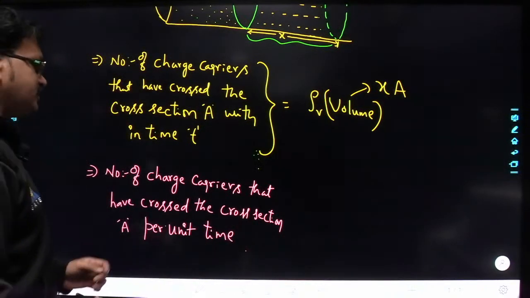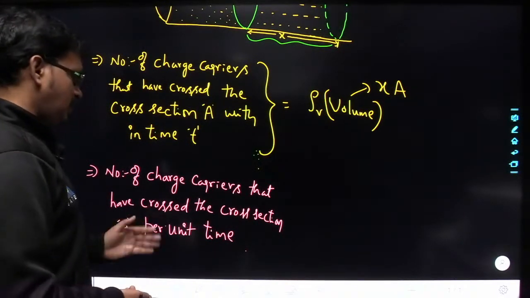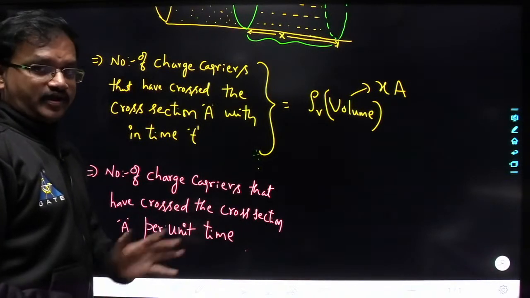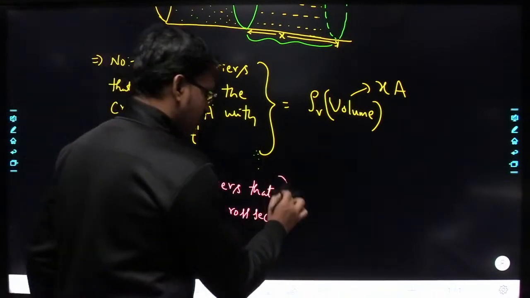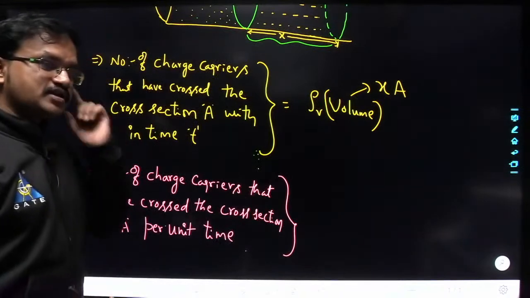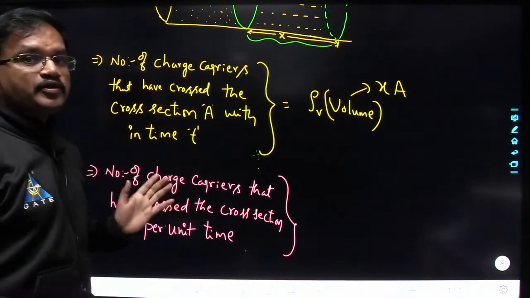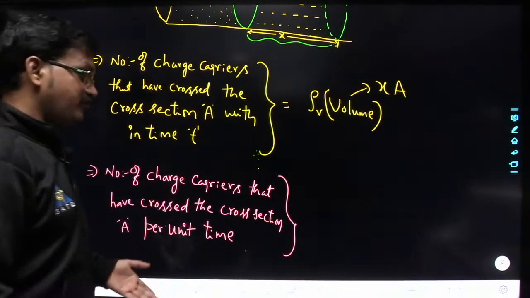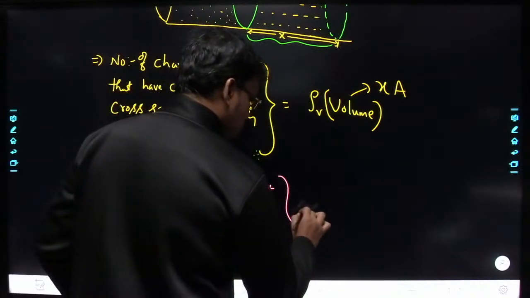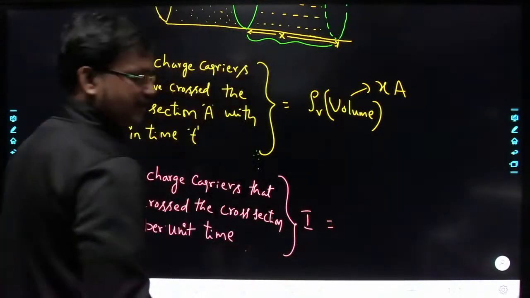Number of charge carriers that have crossed the cross section A per unit time, or per second. So this is nothing but what? The number of charge carriers crossing the cross section per unit time is defined as current. Yes or no? So this is equivalent to what here? What are you going to get?